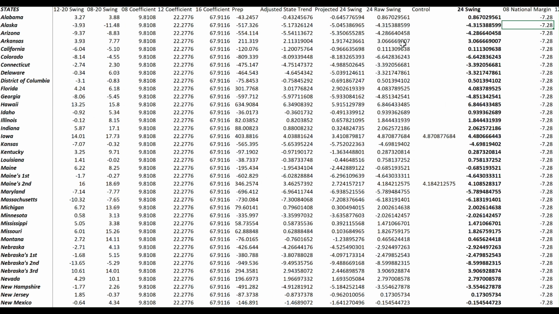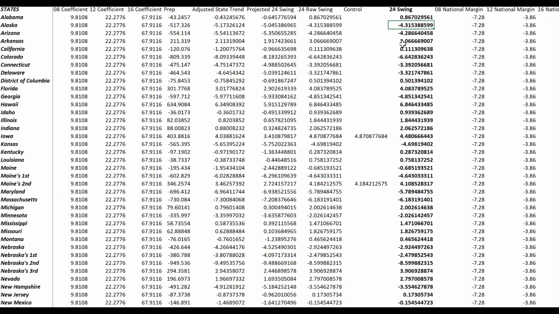Then there is some math here. Again, I'm not going to bother you with the details. The fact is that the model really prevents a state from shifting too much. As you see, the difference between the raw swing and the actual swing in 2024 is that states like Iowa, Maine's 2nd Congressional District, and Ohio have shifted heavily from 2008 to 2020, and again from 2012 to 2020.